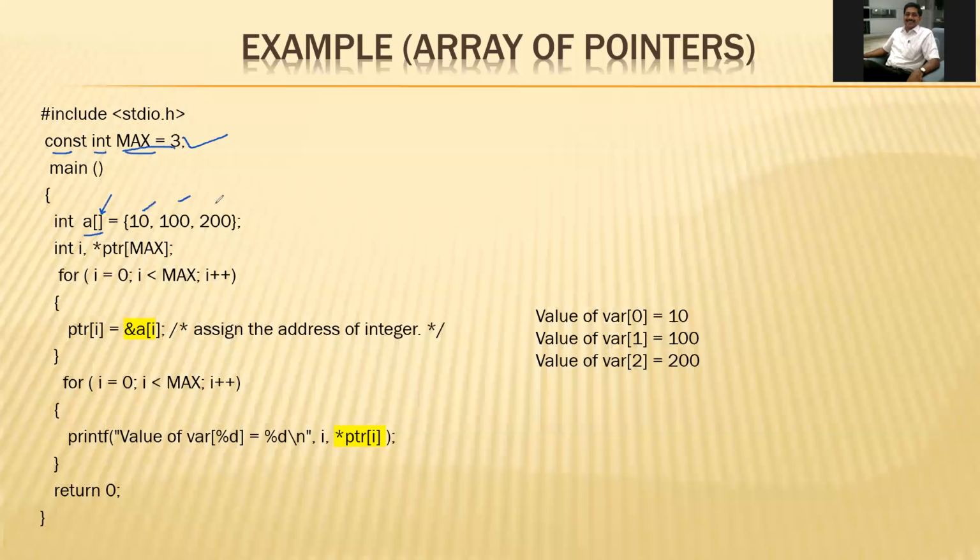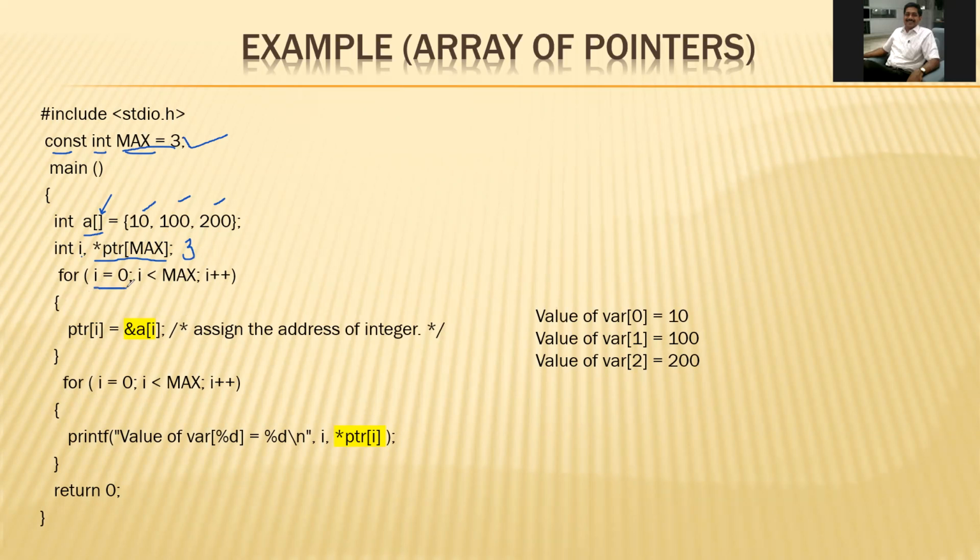Now 10, 100 and 200 are the values. We have declared integer i and star ptr of MAX. So what is the MAX value? That is 3.